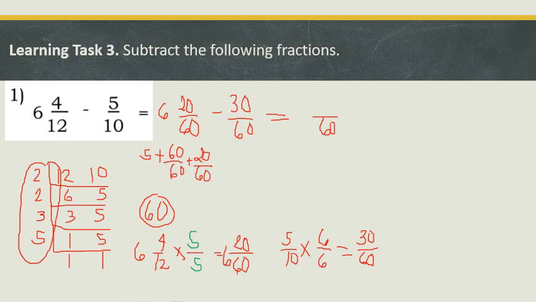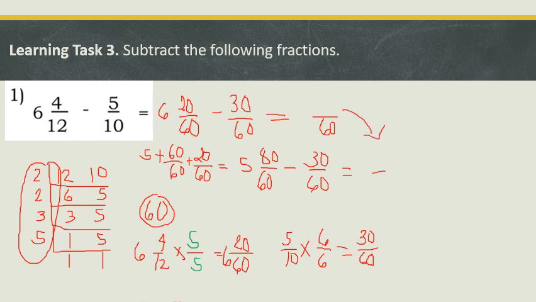So, ito po ay magiging 5 and 80 over 60, minus 30 over 60. So, ito na siya ha.